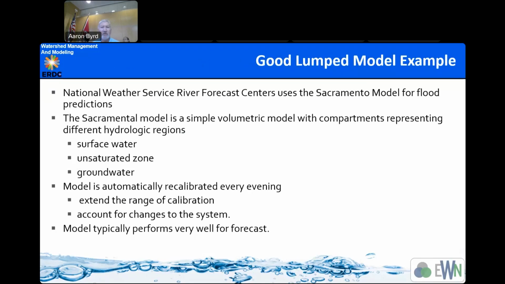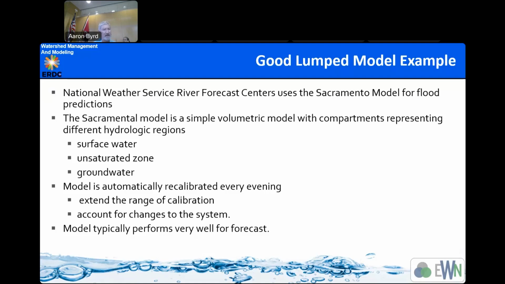The National Weather Service, we're sitting in the National Weather Center. The River Forecast Centers use the Sacramento model for flood prediction. The Sacramento model was written back in the 70s. It's an extremely old model, and it's very simple. It's like a volumetric model: put water in different buckets and put it back together. It has these different zones, and at these centers there's constantly data coming in, so the model is constantly being recalibrated.